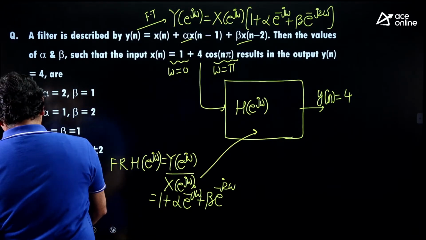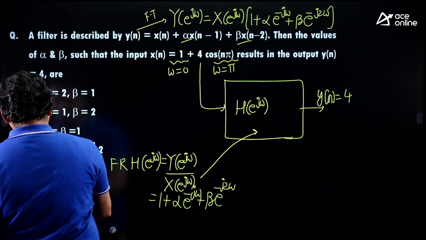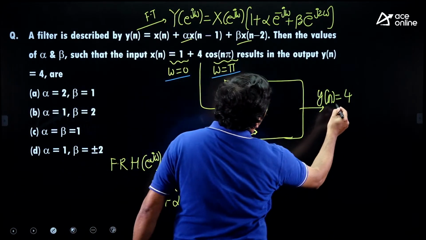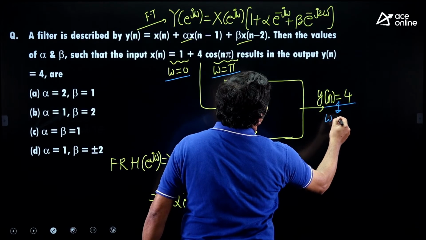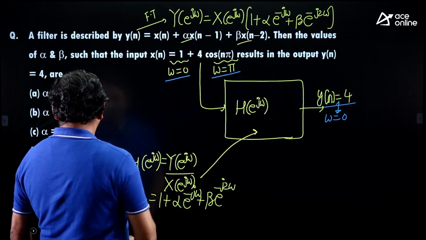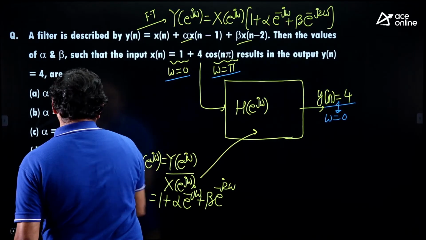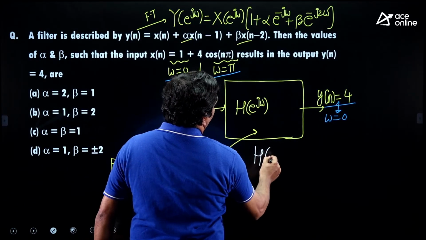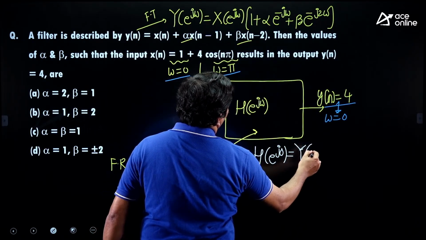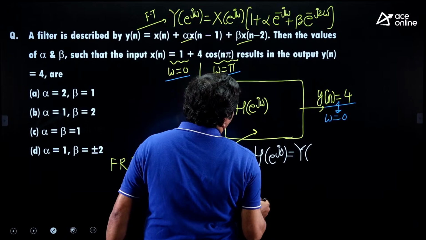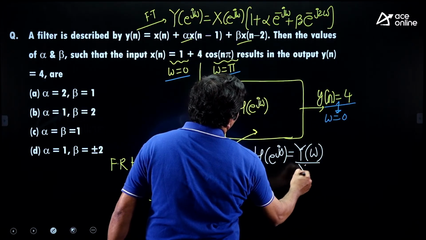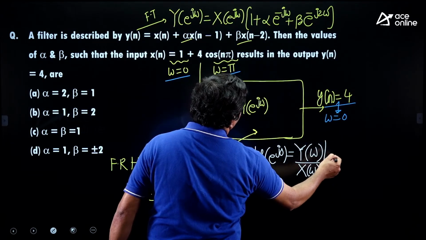The simple logic you should apply here is, input side we have two frequencies, omega 0, omega pi. Output side we have only constant, omega 0. So we can conclude that the DC response of the system, Y(e^(j0)) by X(e^(j0)), simply evaluate at origin.